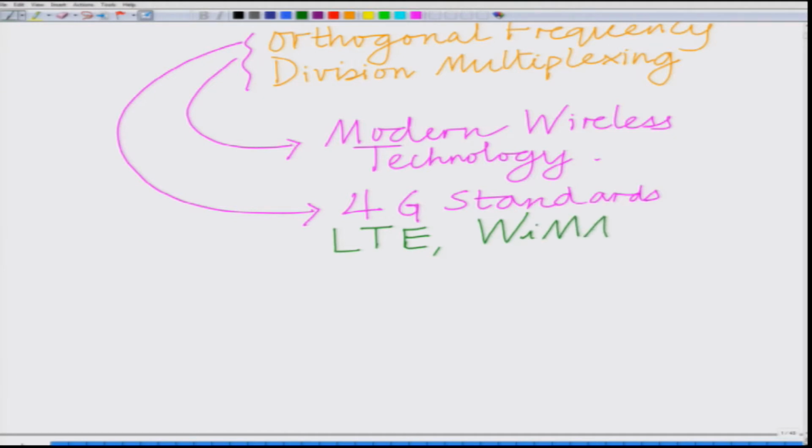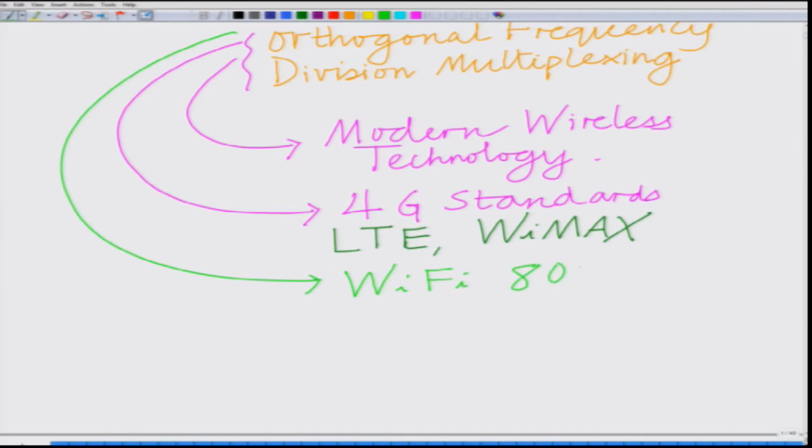It is used in the WiMAX standard and is also used in other standards such as Wi-Fi, for instance 802.11n, 802.11ac and so on. So, OFDM is a very powerful and important technology because of its wide applicability in the modern 4G wireless standards as well as the Wi-Fi standards.